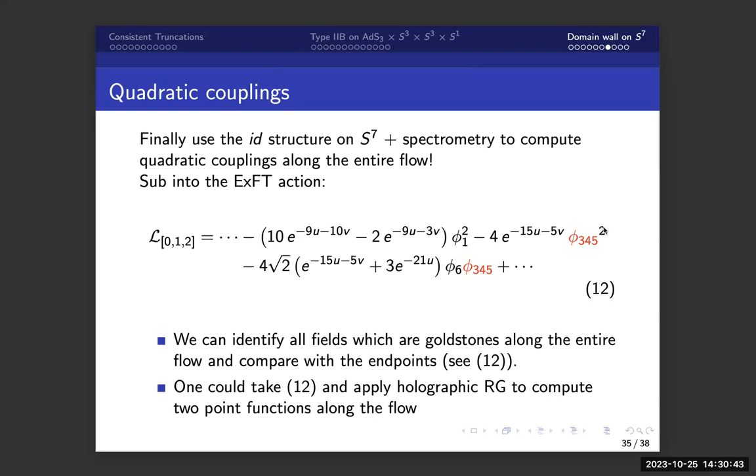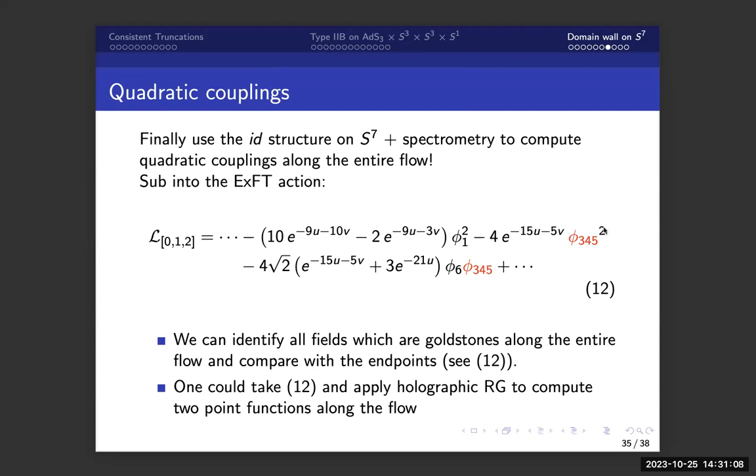Here, this is the background, and these are the KK fluctuations. And this shows you essentially an effective potential with all the quadratic couplings of the fluctuations to the background. So in principle, this allows you to compute the 2-point functions along the entire RG flow.